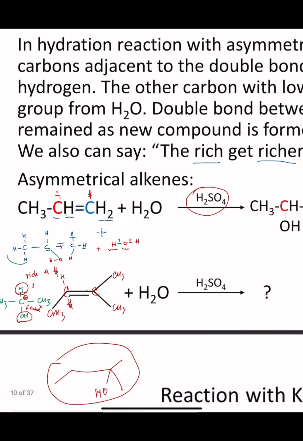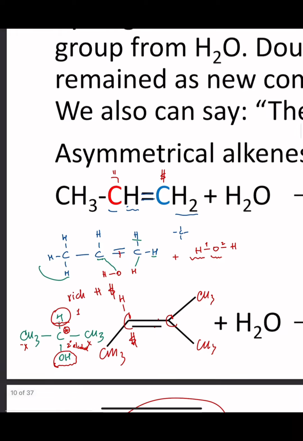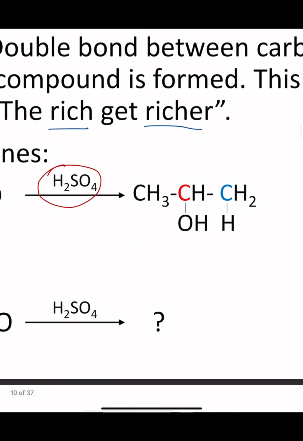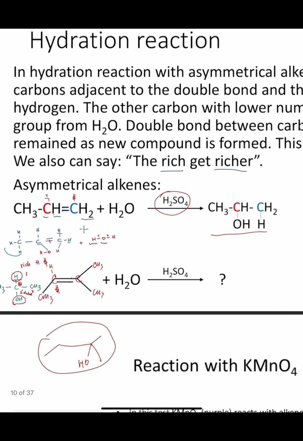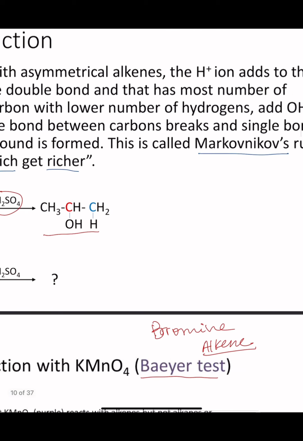Now the same stoichiometric, mathematical calculation, we can perform on hydration reaction as well. So I have here, for example, propene. We have already done it. We know that the formula is looking like this, but I want to show you the calculations. So we got here propene, 3 carbons, and 6 hydrogens.